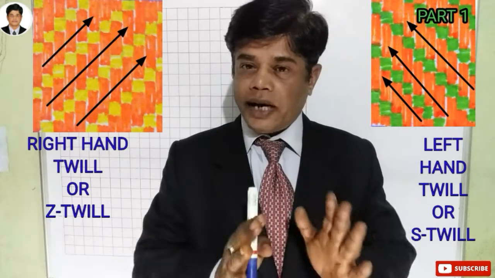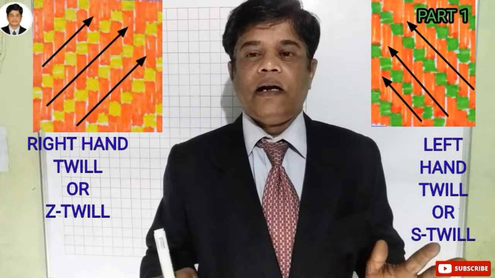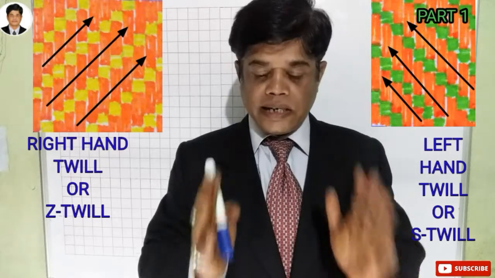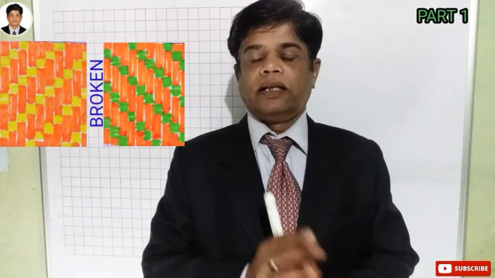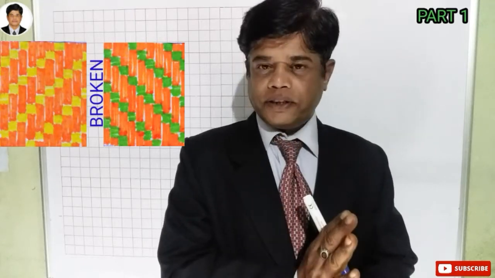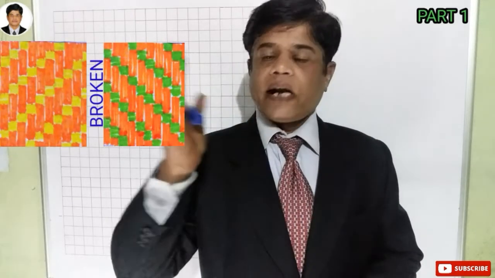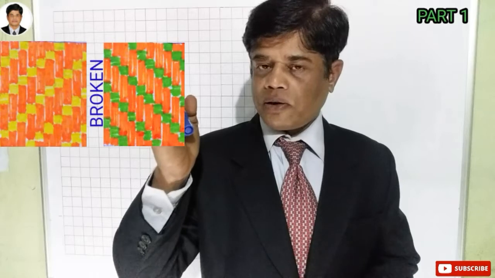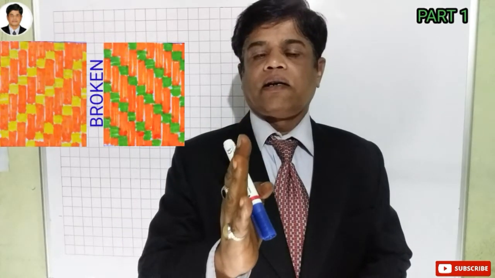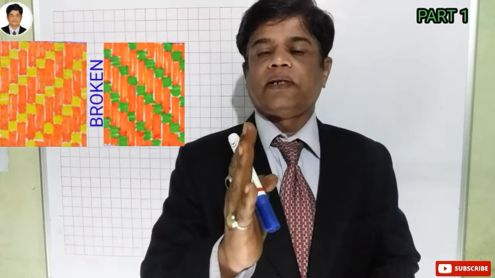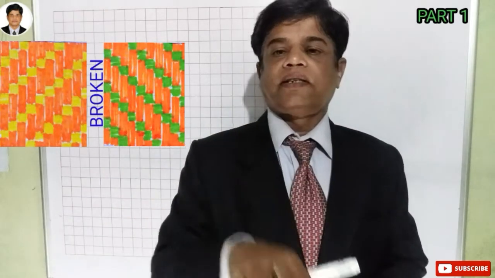Okay, these right and left hand twills are considered in this broken twill as 50% breaking. Whatever is moving from left down to right up, that is Z twill or right twill, stops in the middle, after a half portion, and is taken to the reverse side.